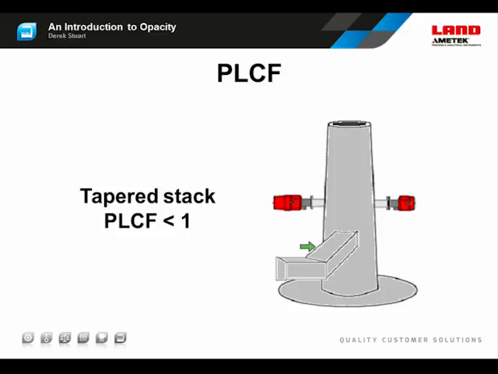One of the points I like to emphasize to our customers is that any instrument requires some maintenance, and maintenance is much more likely to be done competently and regularly if the instrument is placed in an accessible location. If the only way to access your opacity monitor is to climb a 100-foot vertical ladder, it's much less likely that the technician is going to take the time and effort to go and do that.